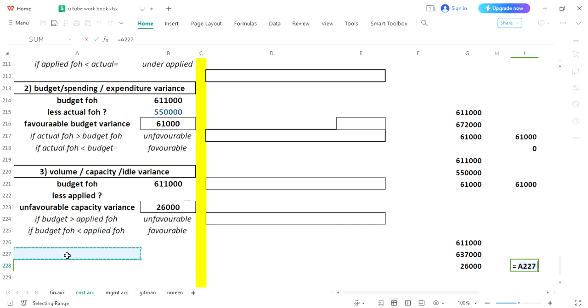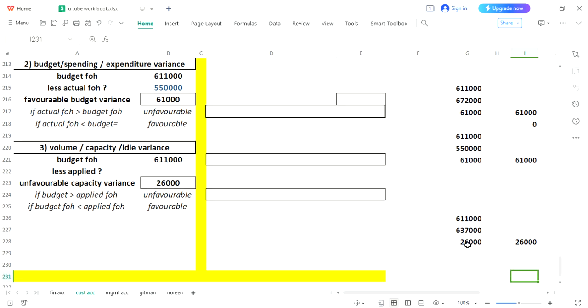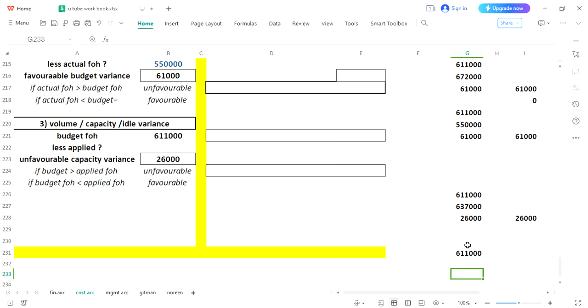So when you subtract 637,000, when you take the difference of 637 and 611, you will get again 26,000. And secondly, the first amount was 611,000 and the third amount was 26,000.